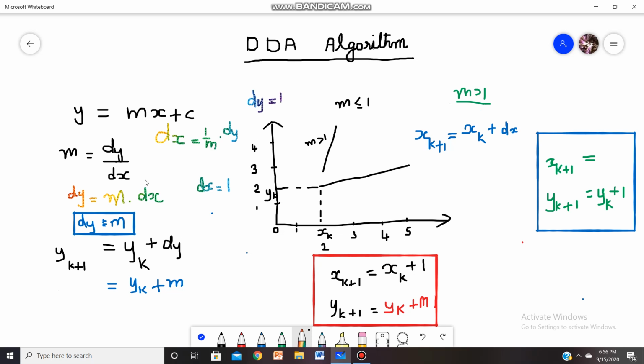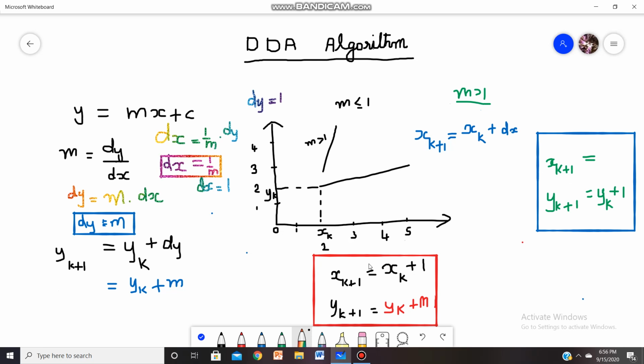Substituting the value of dy here, in the case of m greater than 1, I get dx is equal to 1 by m.